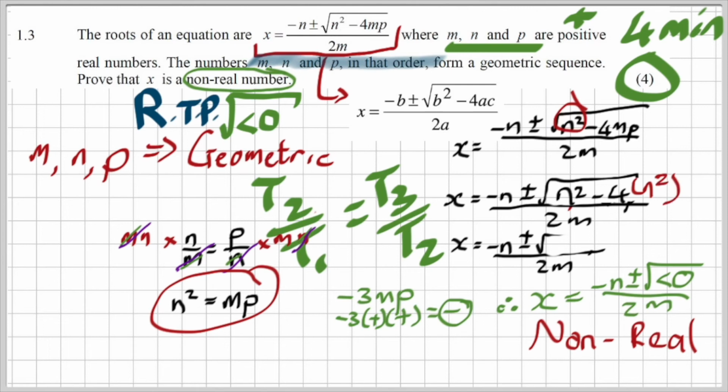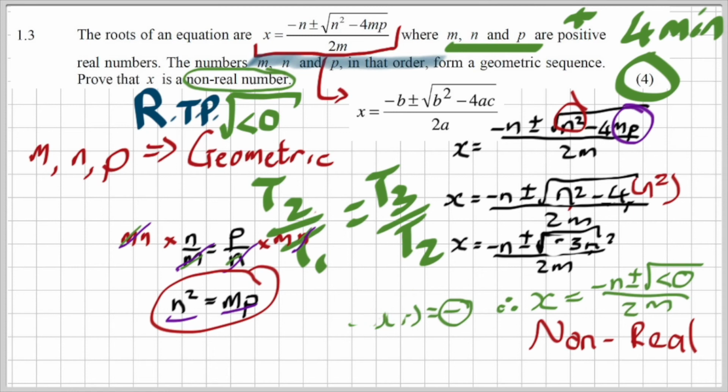Where does that come from, sir? Well, remember that MP is N squared. Then, in my square root, I'm actually sitting with N squared minus 4N squared, which means this is negative 3N squared.